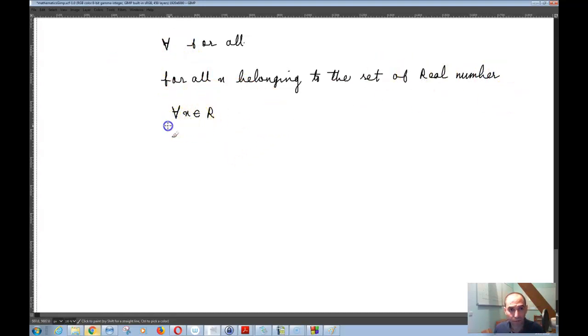You see how compact and concise that notation is.